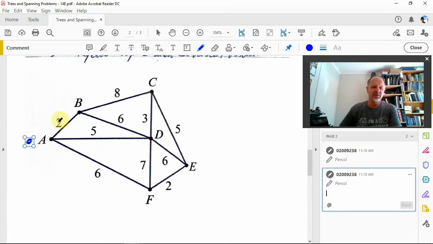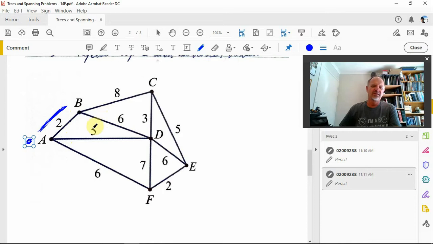So when I'm at A, I look, there's 2, 5, and 6, and so the shortest is this 2 to B. Then from B, we've got 6 and 8 here. These are both pretty big numbers.